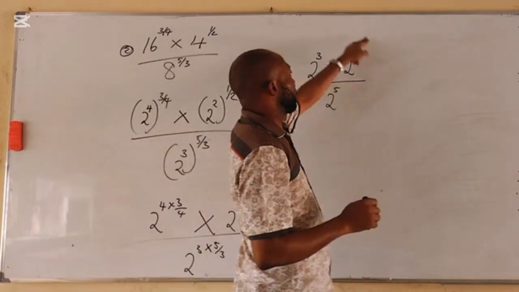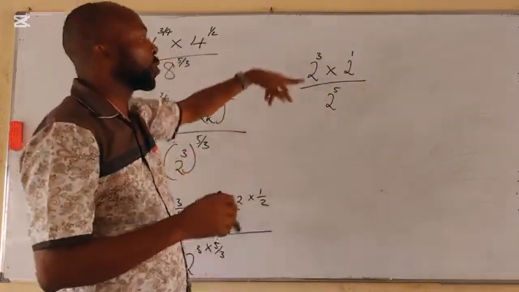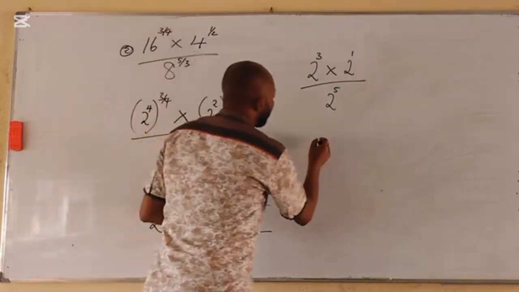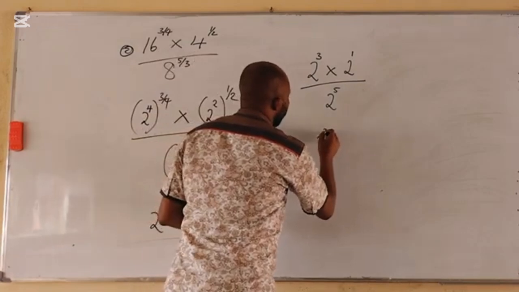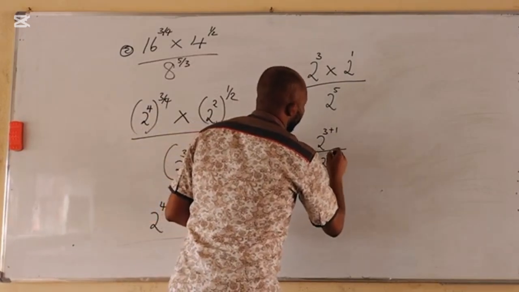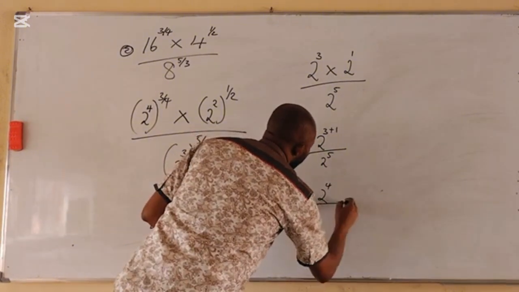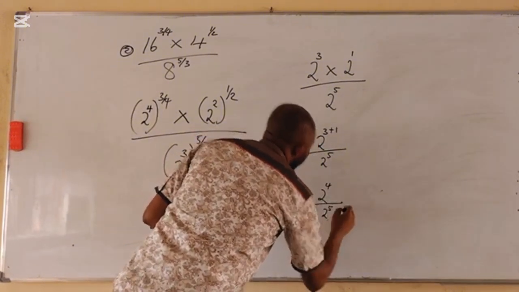Now, here, the multiplication law says that numbers with equal bases multiplied together, we add their powers. So I will have 2 raised to the power 3 plus 1 over 2 raised to the power 5, which is 2 raised to the power 4 over 2 raised to the power 5.